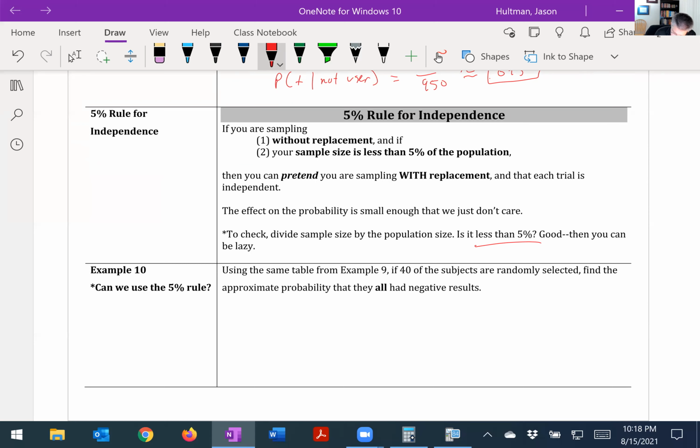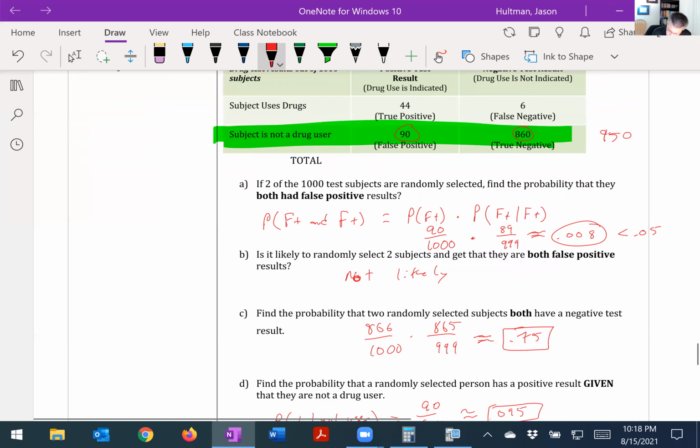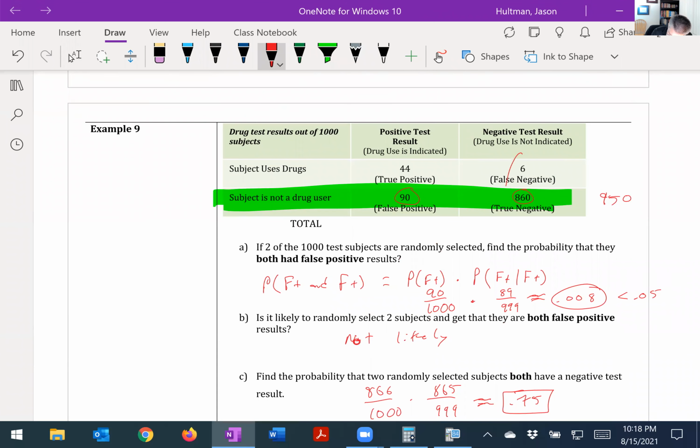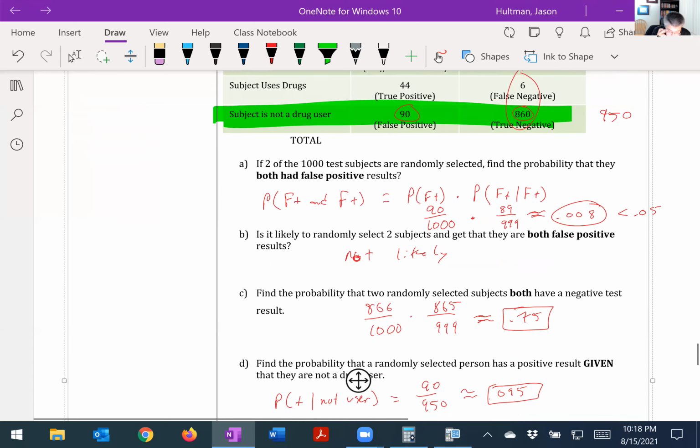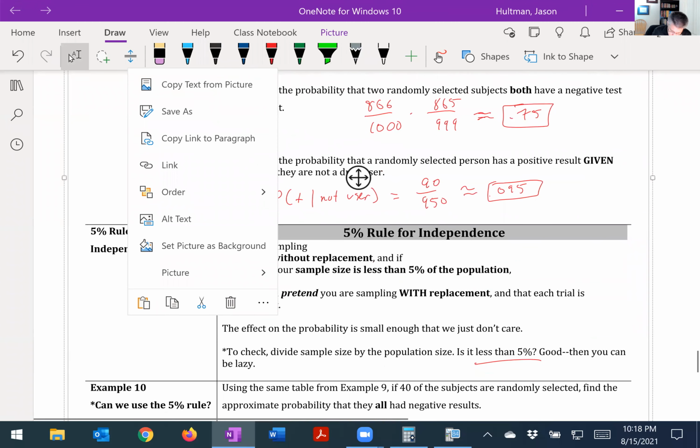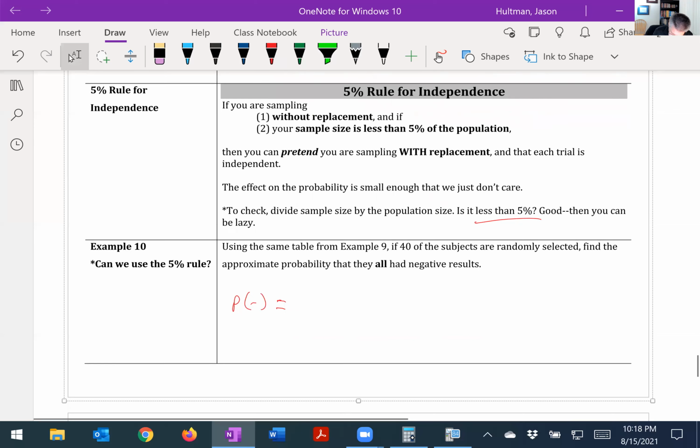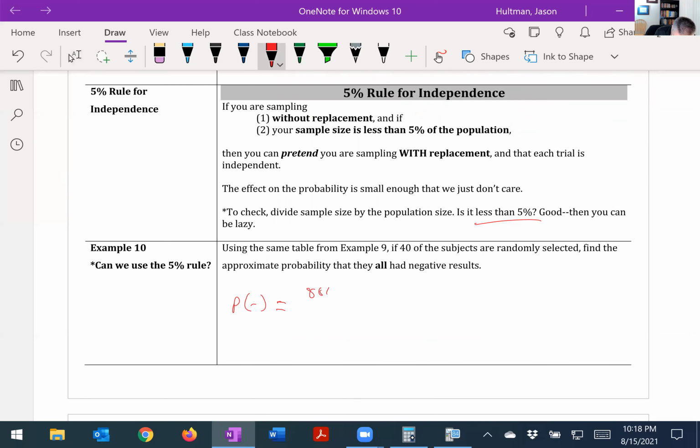So the probability of one person being negative is 866 out of 1,000. But now I want to do 40 of these things, so I'm going to have to multiply this 866 out of 1,000 forty times.